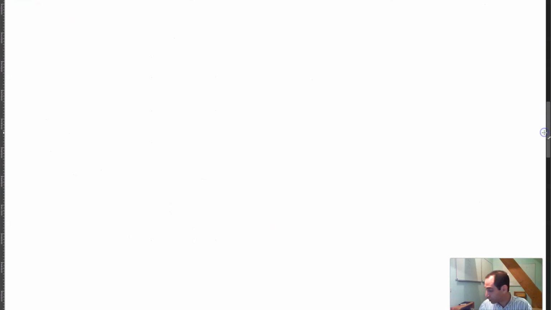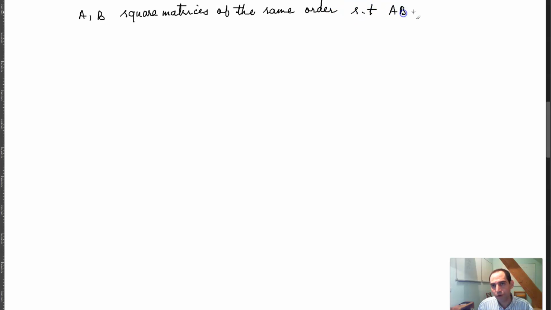Now the second part of this question is that you have A and B, square matrices of the same order, such that AB is equal to BA, and you want to prove that (AB) whole raised to the power n is equal to A raised to the power n times B raised to the power n for all n belonging to the set of natural numbers.